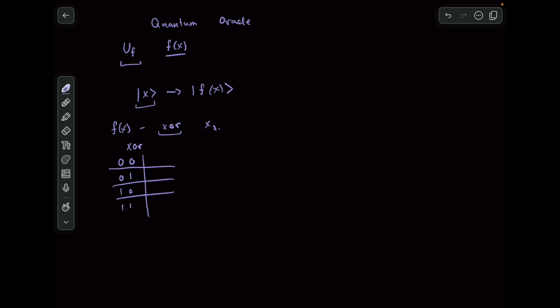The values that we're going to get for XOR here are going to be 0, 1, 1, and 0. So if we compute with this naive approach just f(x), we might obtain 1 over here, but we don't know what we came from. It's ambiguous because it could have been 01 or 10.